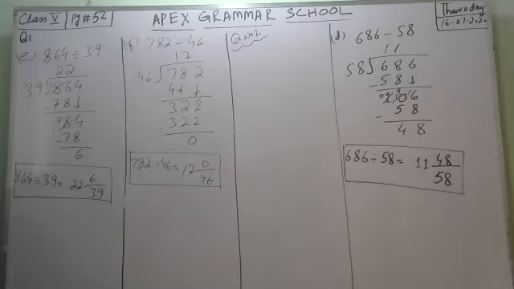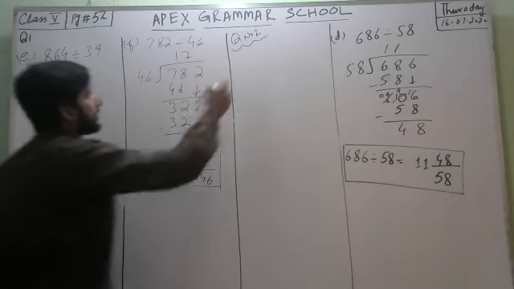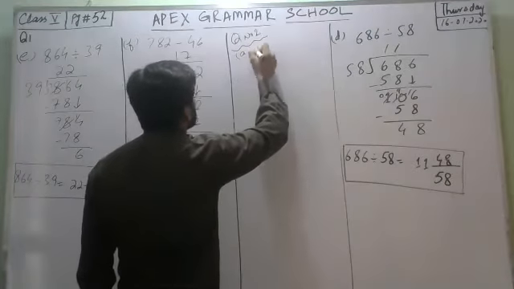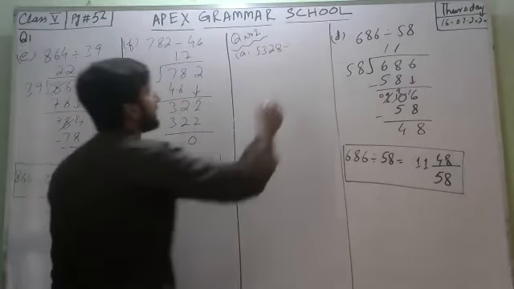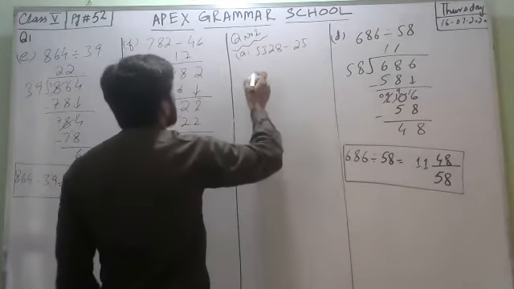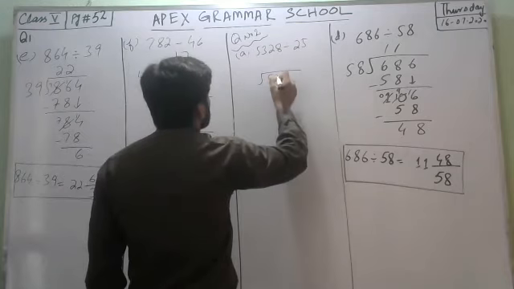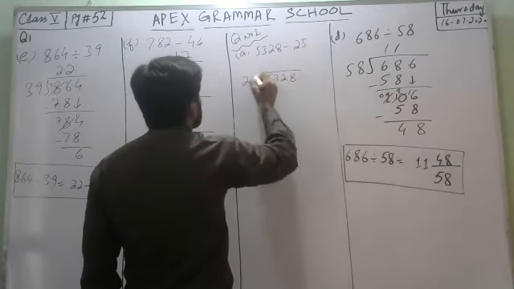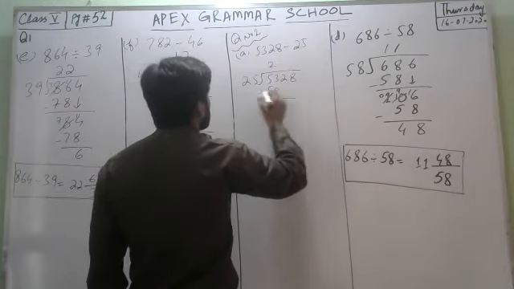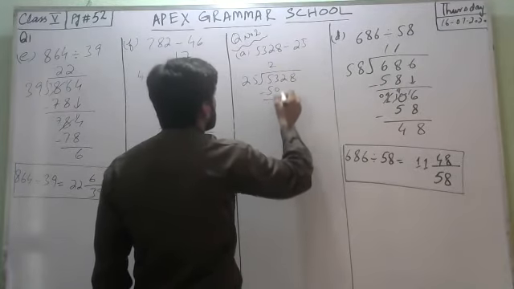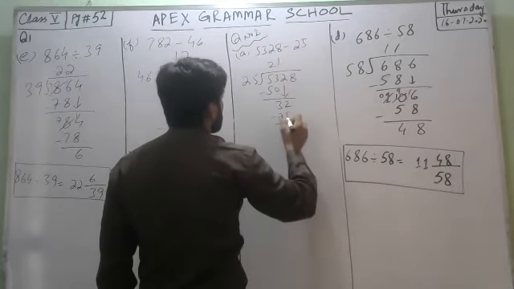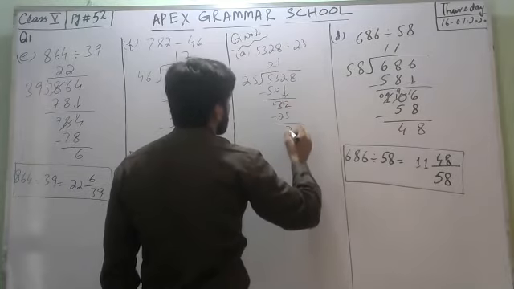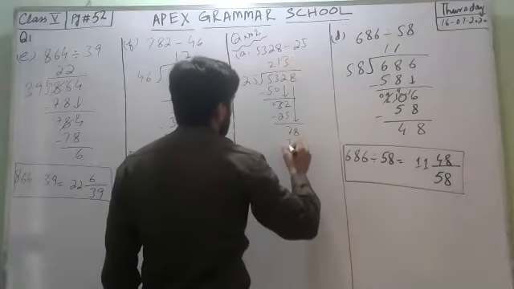A part of question number 2 is 5328 divided by 25. 25 twos are 50. 25 ones are 25. 25 threes are 75.